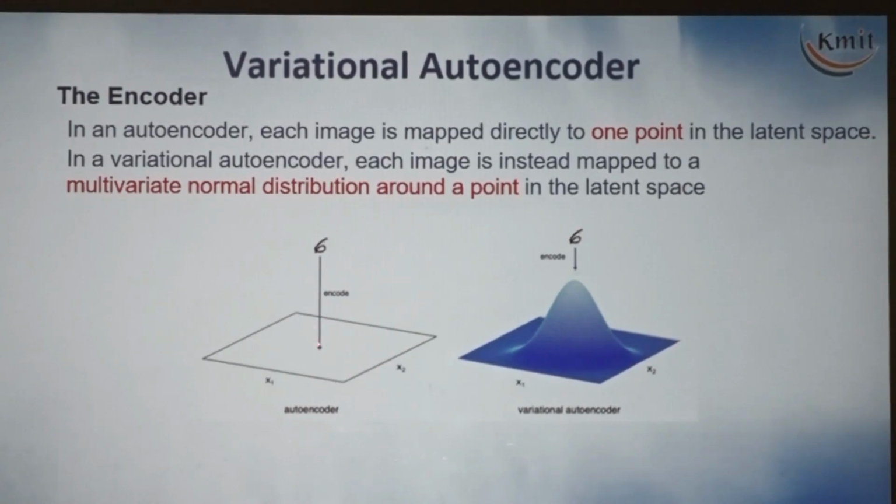It will take only one point and generate this. Instead, the variational autoencoder will take the normal distribution with that point as the center, the mean, and the variance. From any point of this, it can easily regenerate the image. So training may take some time, but generation is very easy, right?